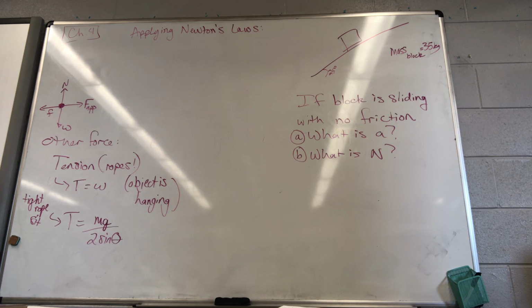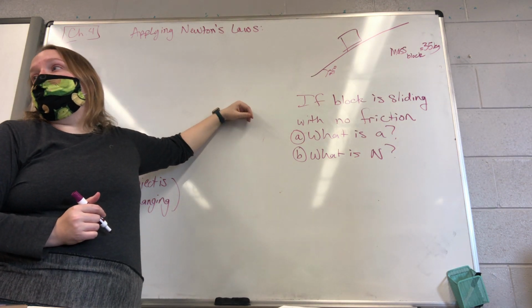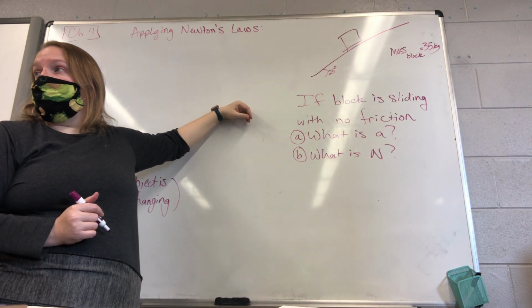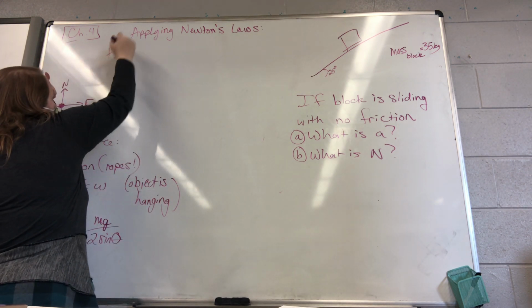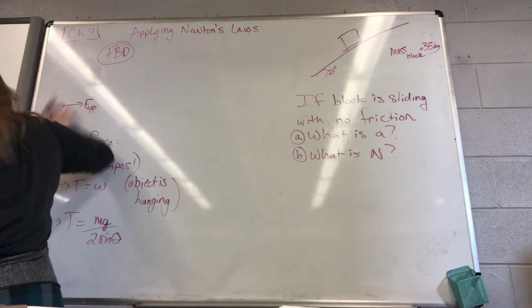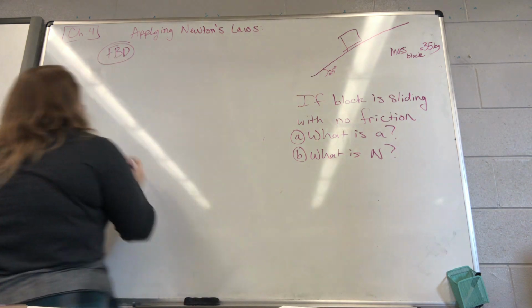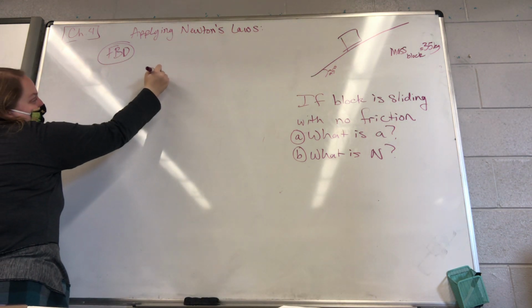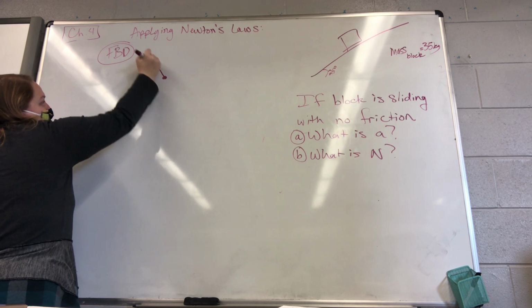So, if this is our situation, what's the first thing we should aim to do? Components? Free body diagram. Okay? Let's diagram the situation first, and then, yes, we are going to work on components. So I'm going to make the block a single point. I'm going to draw my normal.